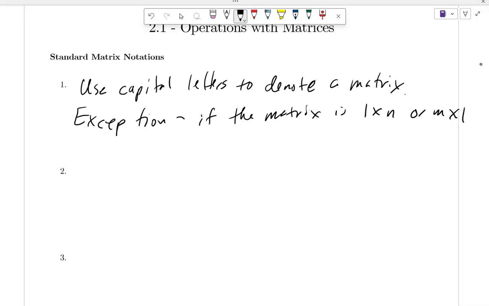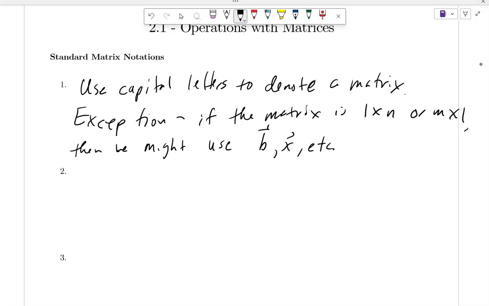If we've got 1 row and n columns or m rows in 1 column, then we might use a vector notation. Usually your vector notation is written as a small letter in boldface, but of course it's hard to write boldface on a board without scribbling, essentially.